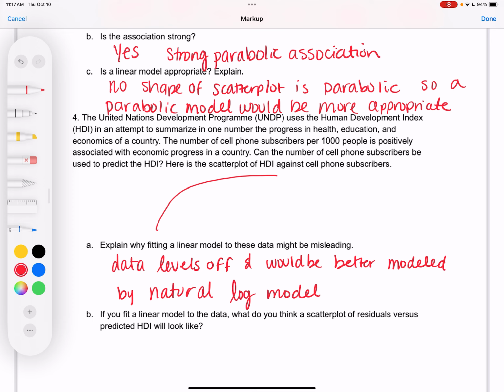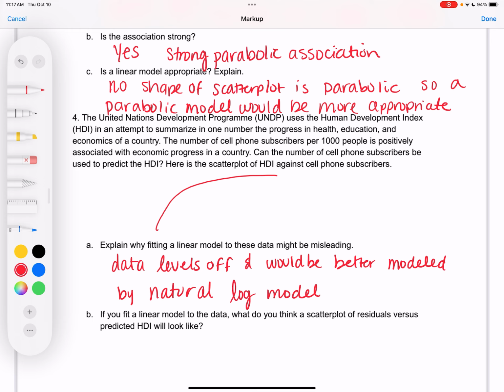So if I were to take the data that I have and try to fit a linear model to it rather than using a natural log model, what do you think the scatter plot of the residuals versus the predicted HDI would look like? So essentially, if I put a best fit line through my data, what do you think is going to happen?